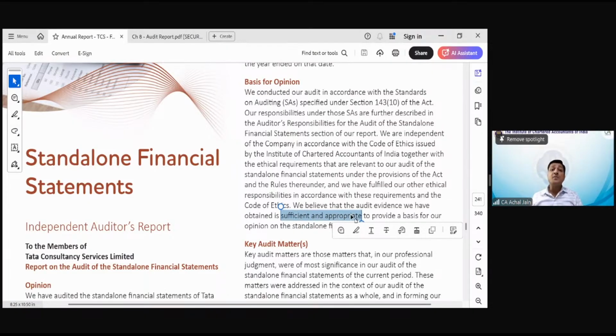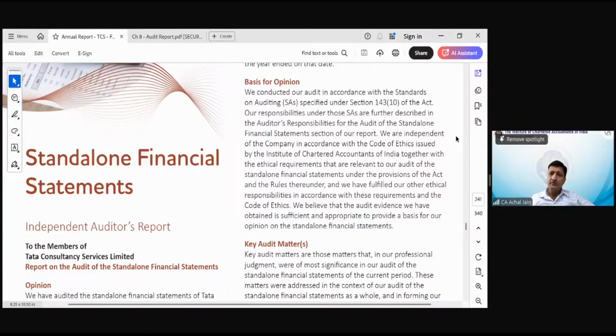So in his basis, the auditor is explaining that this is something which I have obtained. As per his understanding, the audit evidence which he has obtained is sufficient and appropriate.